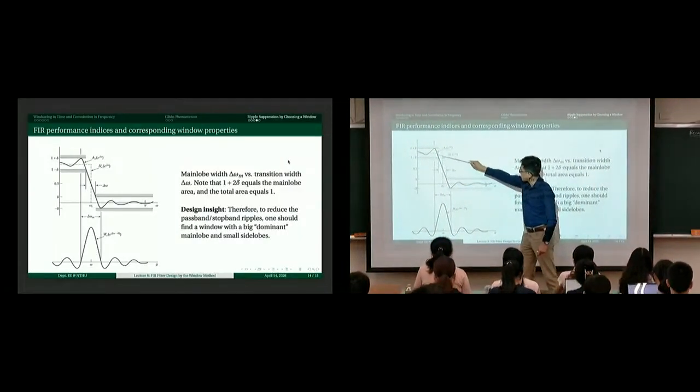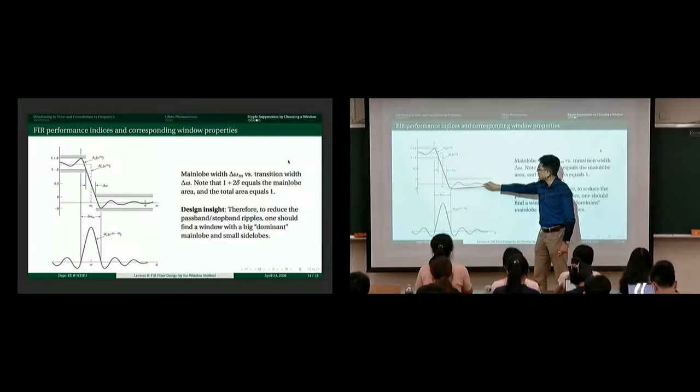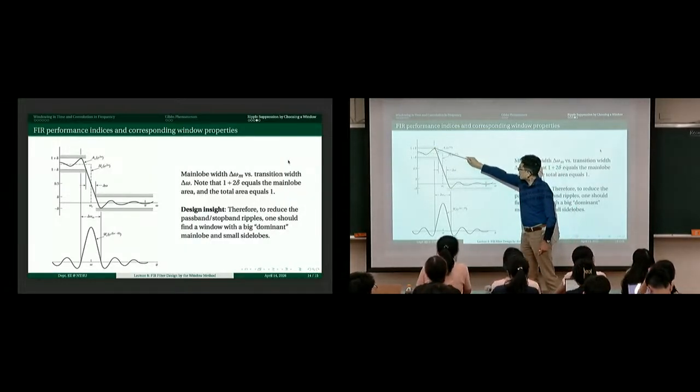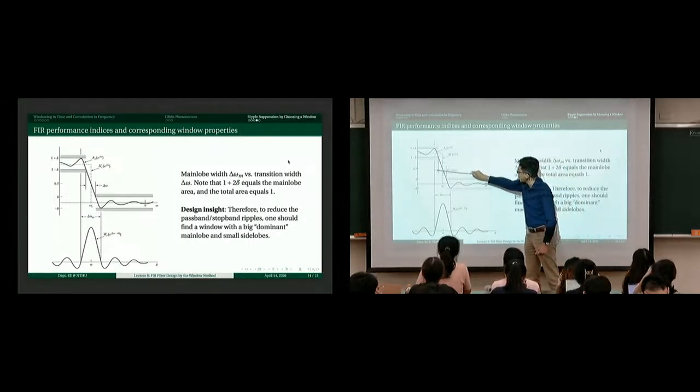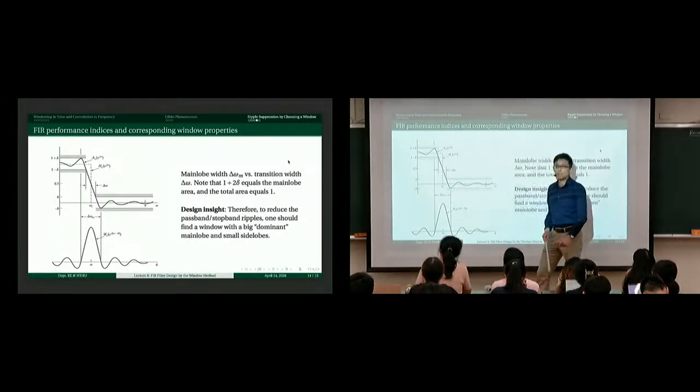And there's also the first ripple in the passband. From the most positive magnitude to the most negative magnitude, you see what I'm saying? From here to here, you can show that this frequency distance equals the main lobe width.